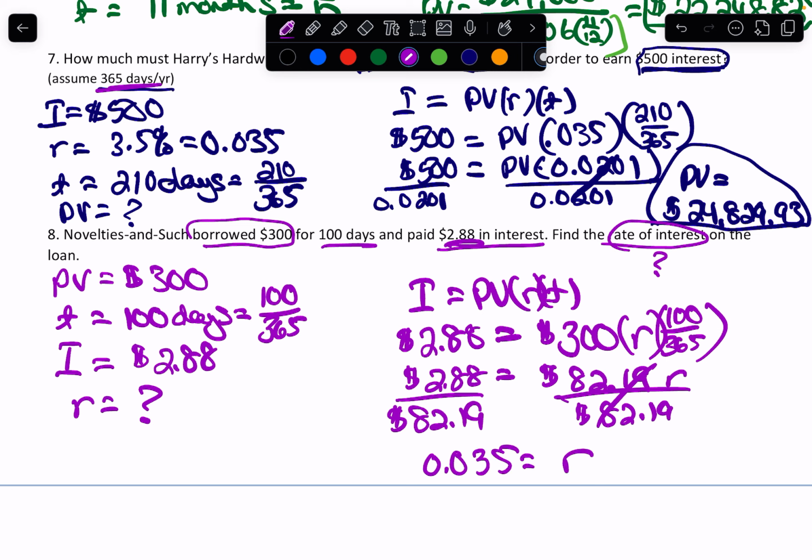Now we're multiplying by 100, so we're moving it to the right: 3.5%.